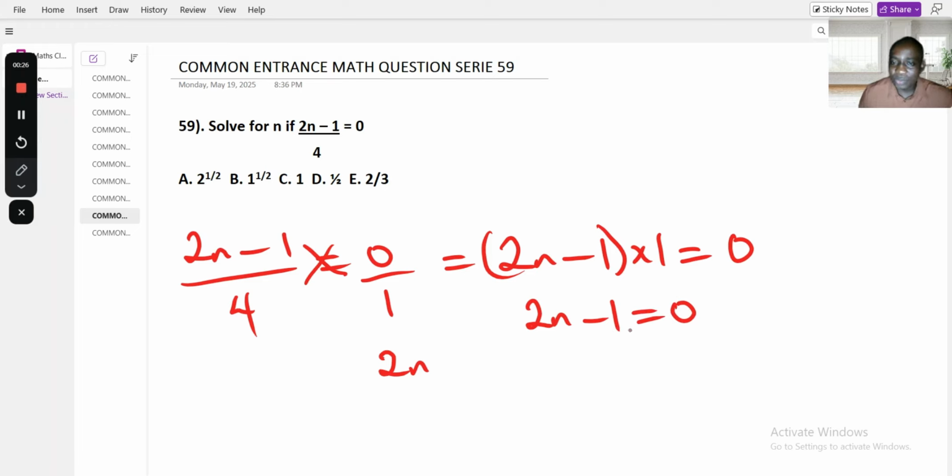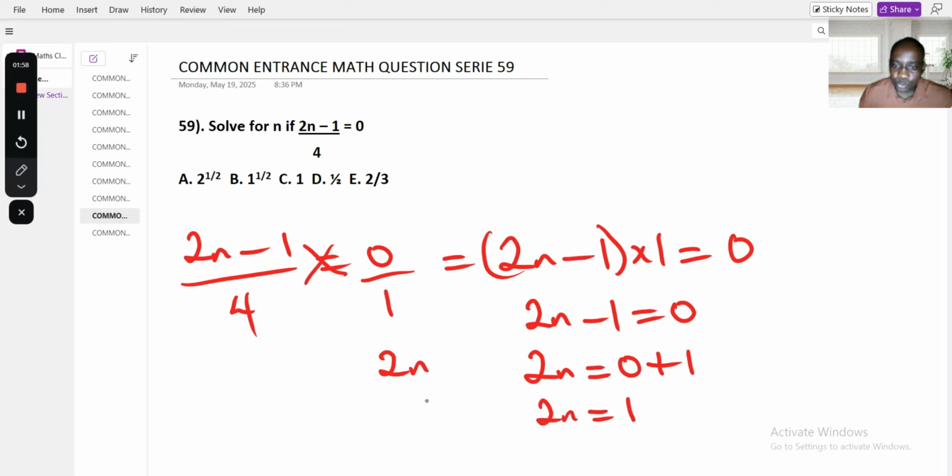What is the next thing we are going to do? Collect like terms. Minus 1 will go and meet his younger sister here, because they look alike. 1 does not carry n. 2n equals 0. This minus, when it crosses the equal to, will change to plus sign. 2n equals 0 plus 1, 1.